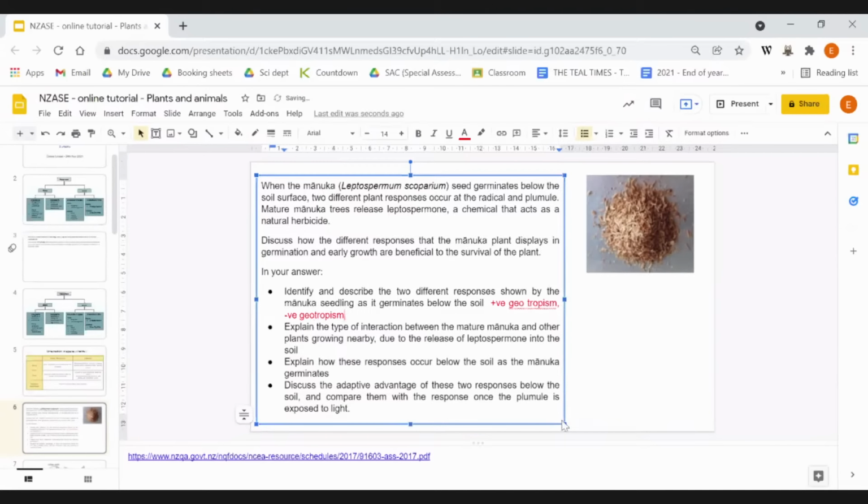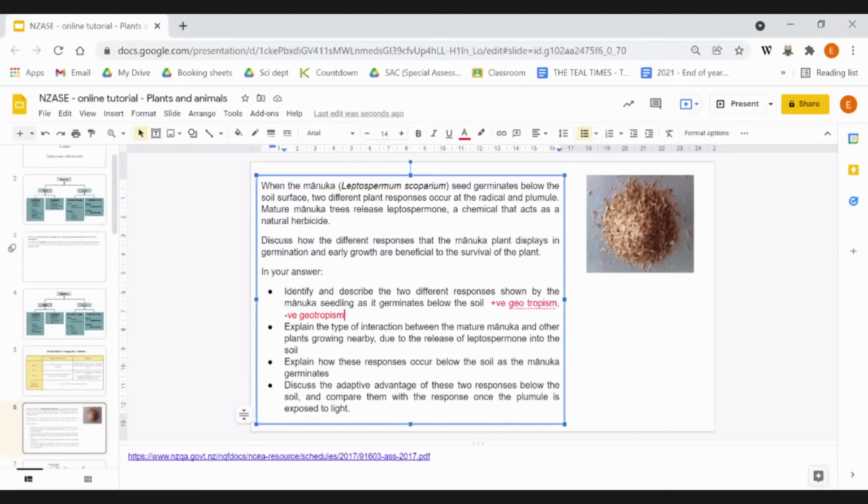Okay, so that is our what. So identify and describe. You need to identify the name of the tropism, but also describe what's acting as the stimulus. So the roots grow with gravity, the plumule will grow against gravity.